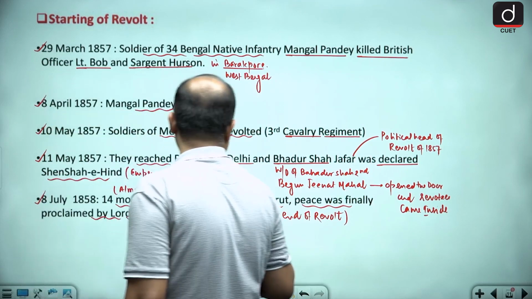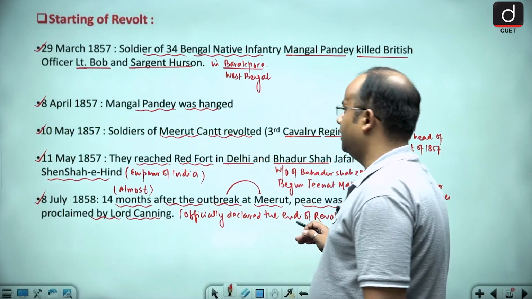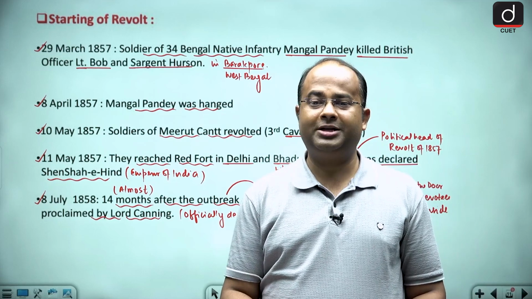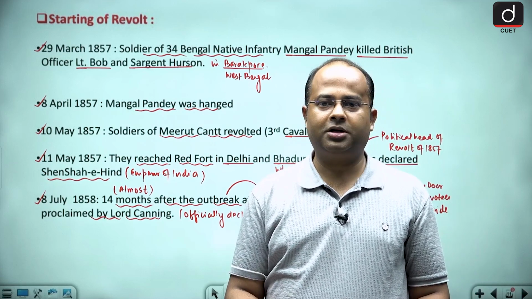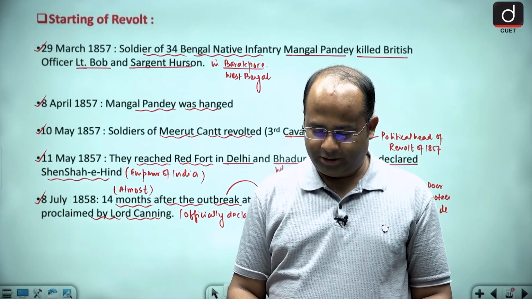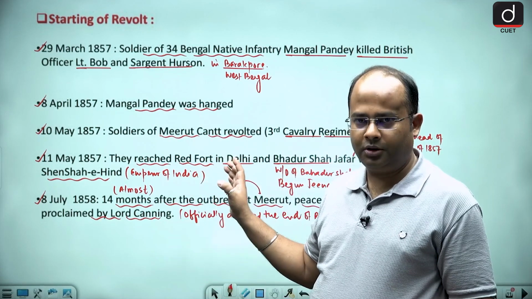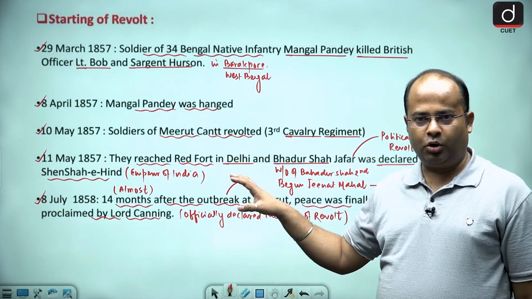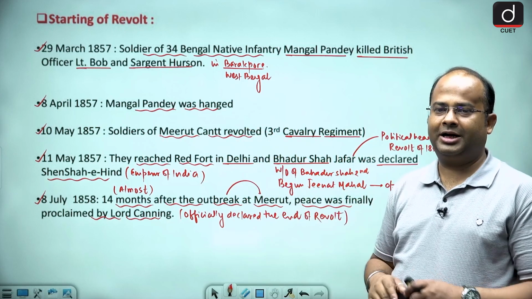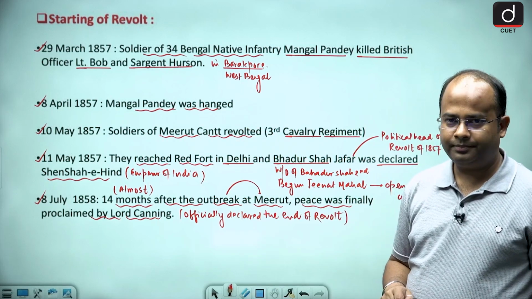Almost 14 months after the outbreak at Meerut, peace was proclaimed by Lord Canning, and Lord Canning officially said that now the British government has ended the revolt of 1857. So the British government has ended the revolt. I hope guys, is that clear to all? So this is how the revolt started and how it ended.